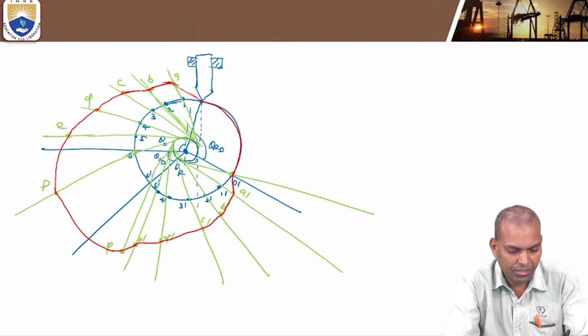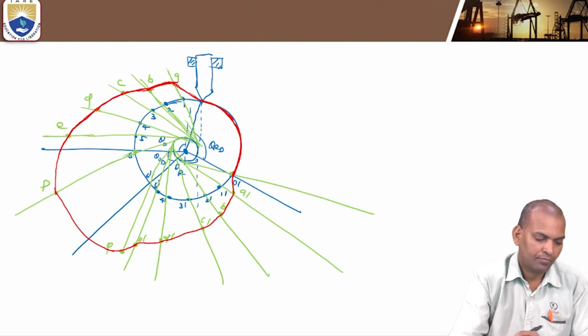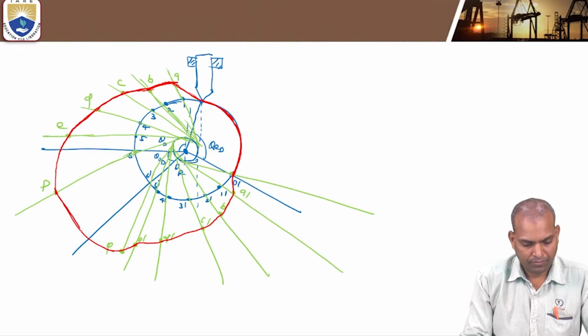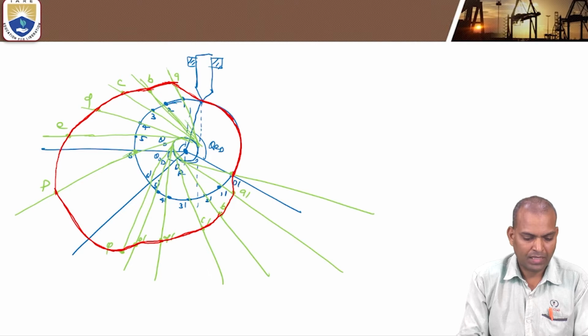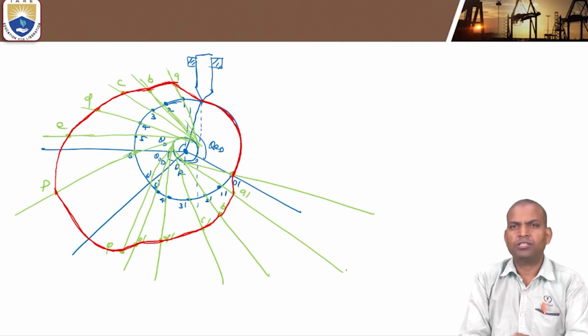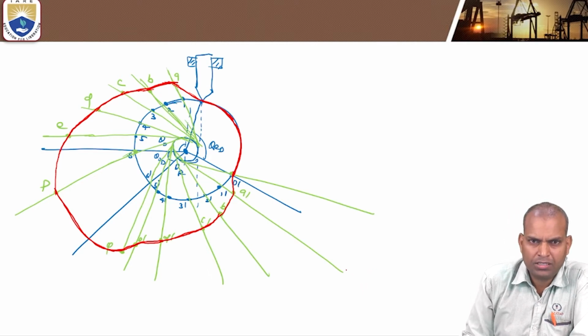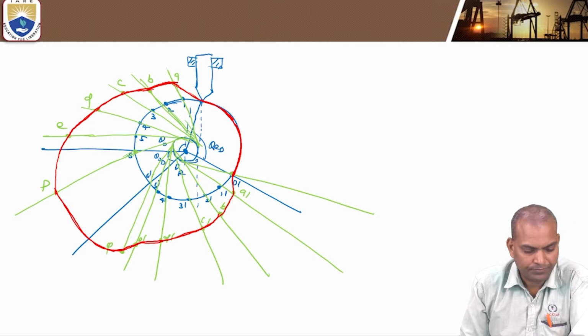This curve is the profile of a cam. So in this manner we have to answer the question for the case of an offset circle.